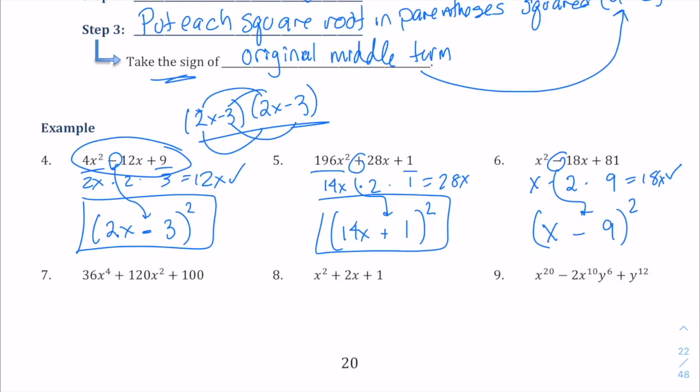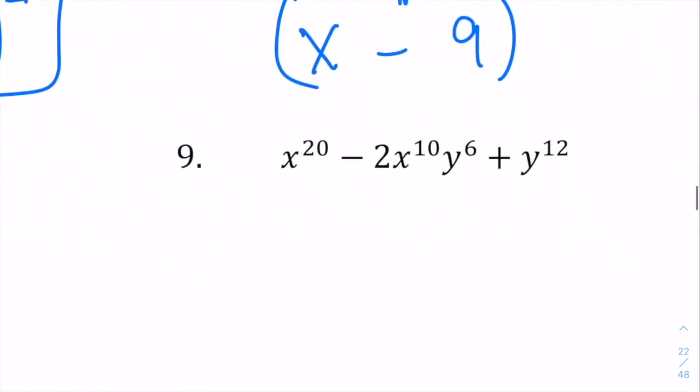Well, what happens when we have examples that are a little bit more involved? Let's go ahead and jump into this brutal looking number 9. All right, so x to the 20th. Is that a perfect square? Well, imagine taking the square root of it. Square root is the same as a half power. So if you're going to take it to the half power, we multiply those exponents.